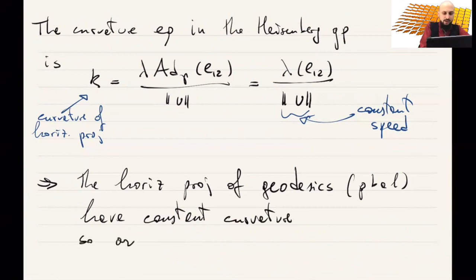So they are pieces of circles or pieces of lines. So this is a very quick proof of the formulas for the geodesics in the Heisenberg group.